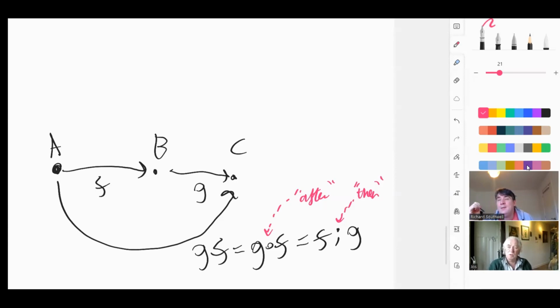Some people in more modern times, particularly people like Spivak in applied category theory, use this, and it's better in a lot of cases, to be honest. It's the same order that we write things in. Yeah, I like that better. I think, to be quite honest, it is better.